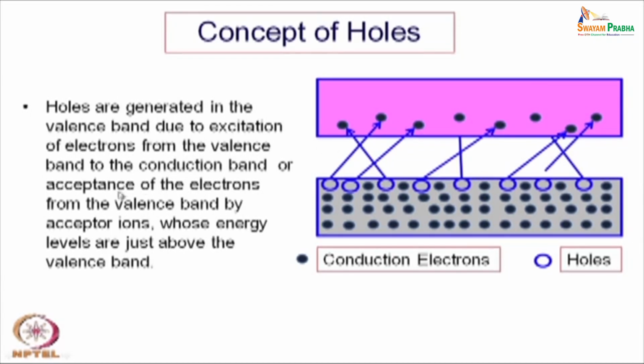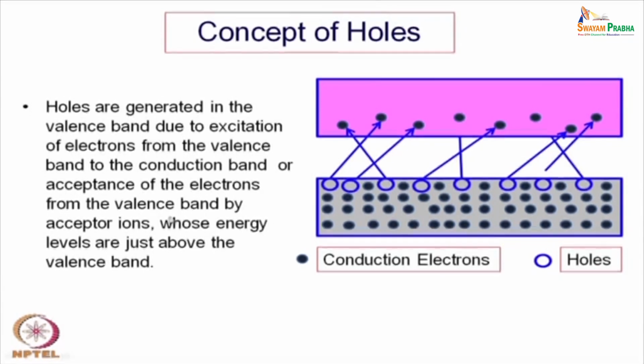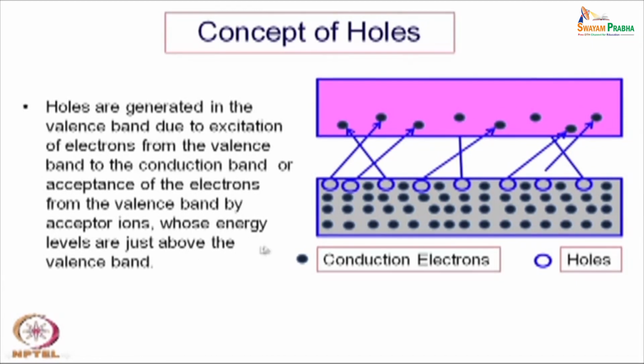So, the acceptance of the electrons from the valency band by the acceptor ions whose energy levels are just above the valency band.